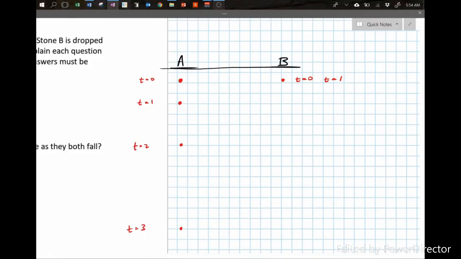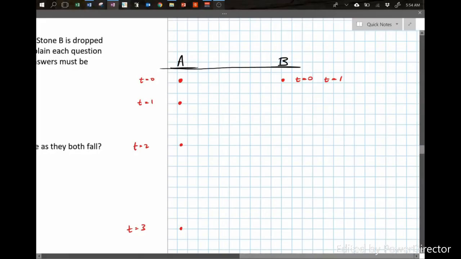So because ball B has the same acceleration as ball A, after 1 second, ball B will fall the same distance that ball A fell in 1 second. But he started off at 1 second, so this is overall time of 2 seconds. He falls the same distance in the next second. He's just a second behind.